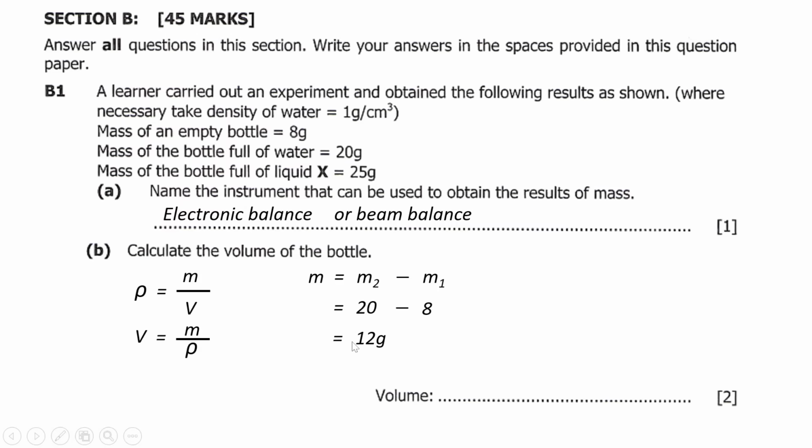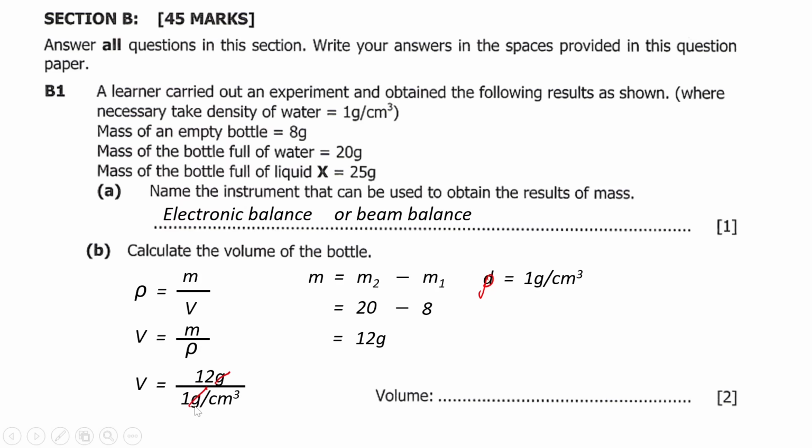So now we know this. Again, we know that the density of water is 1 gram per cubic centimeter. The symbol for density is this, not that. So we'll substitute from here. Volume is equal to mass, 12 grams, over density, which is 1 gram per cubic centimeter. So this gram and this gram will cancel.